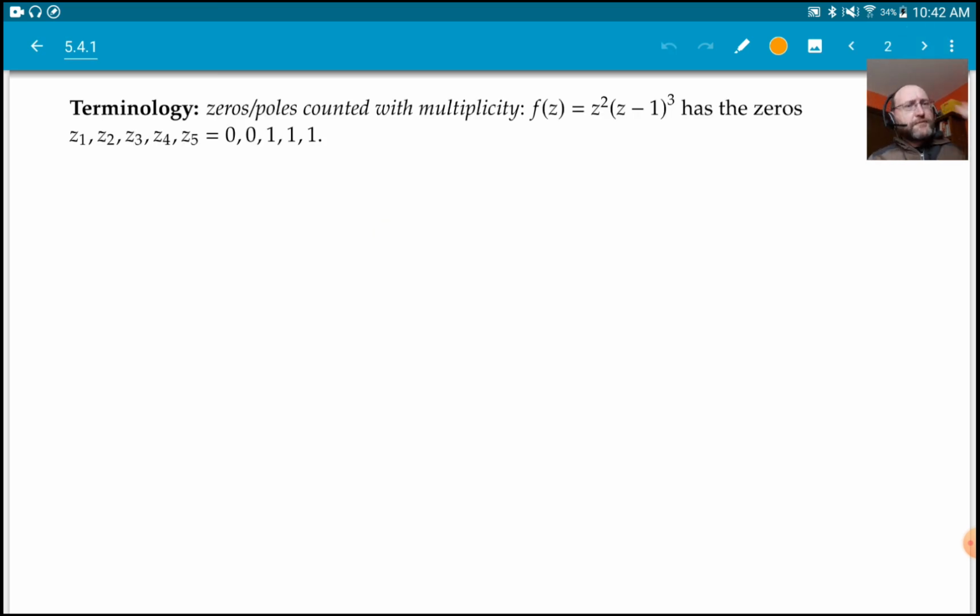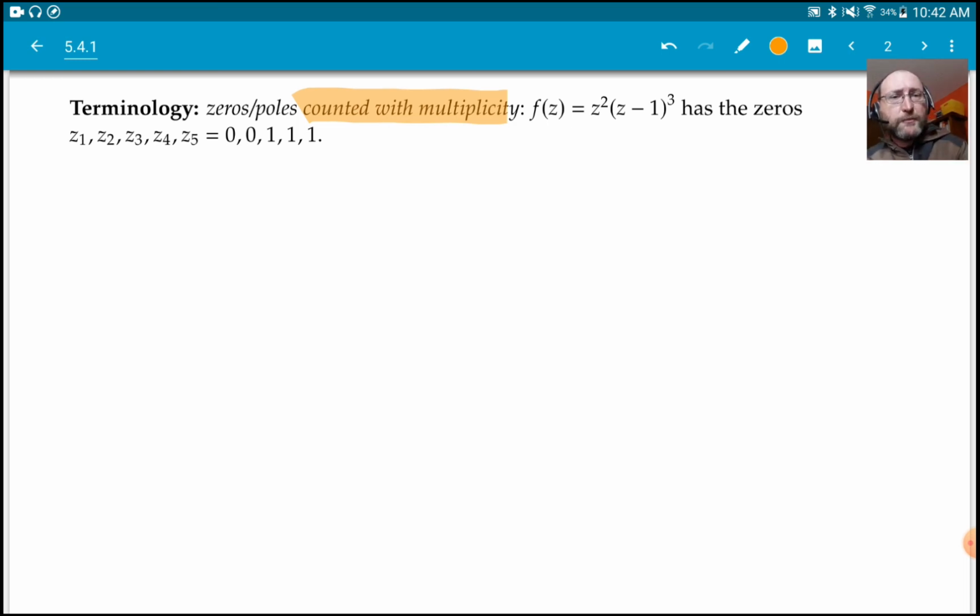All right, so first, let's start with some terminology, just in case it's not clear. If we say zeros or poles counted with multiplicity, that means that whenever we have a zero or a pole with higher order, we count it with that order, with that multiplicity.